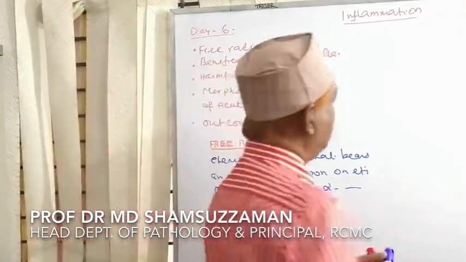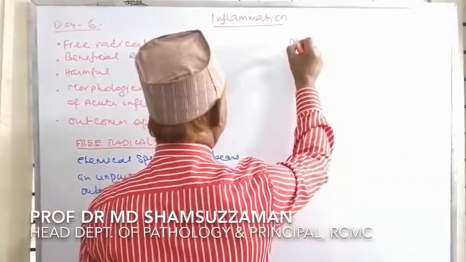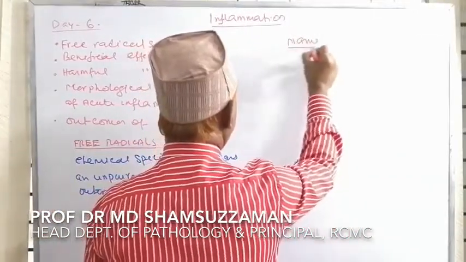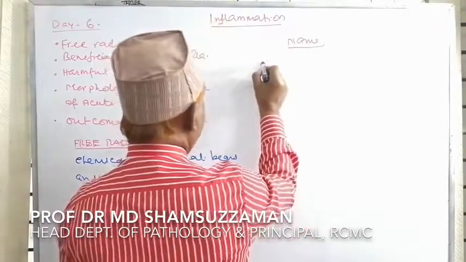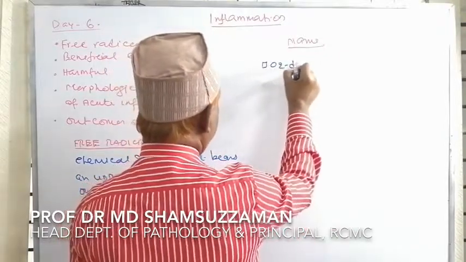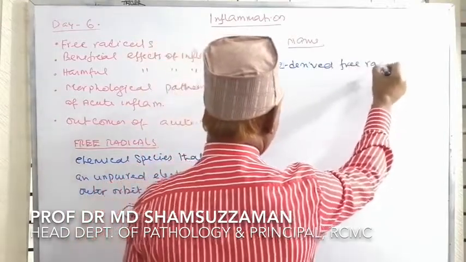Now come to the names of free radicals. One is oxygen derived free radicals.